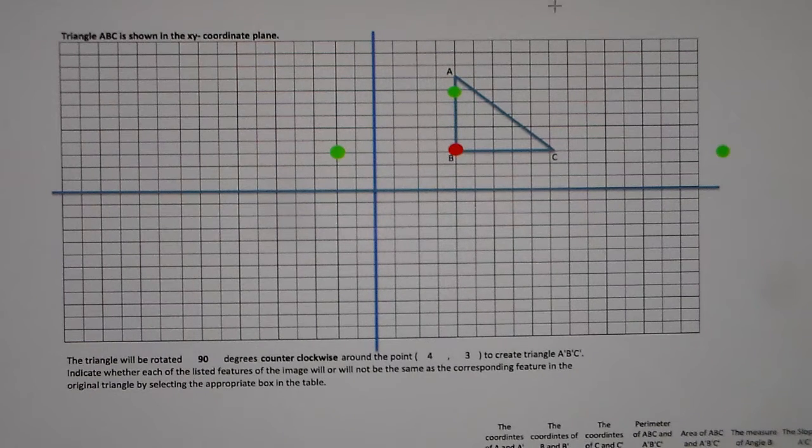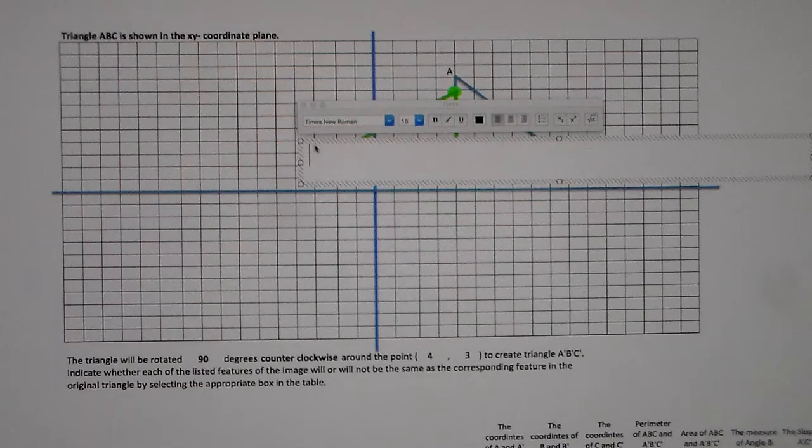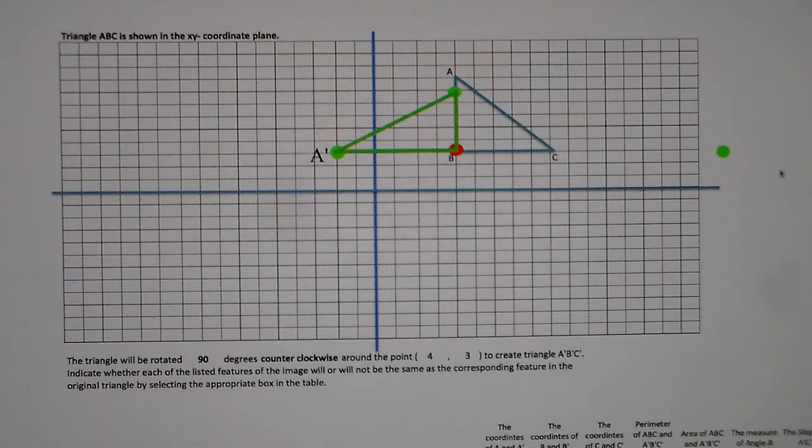We connect them up, because B just stays the same, stays right on top of itself, because that is the point of rotation, the center of rotation. And now we have our A prime over here, and our C prime is up here, that green dot.